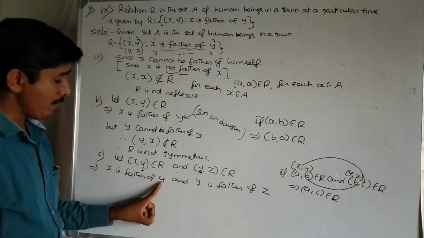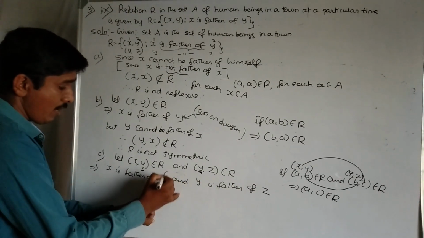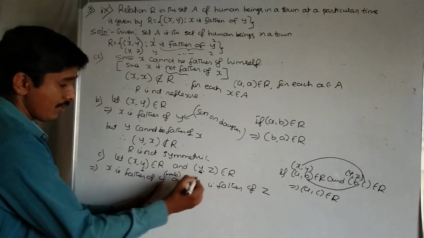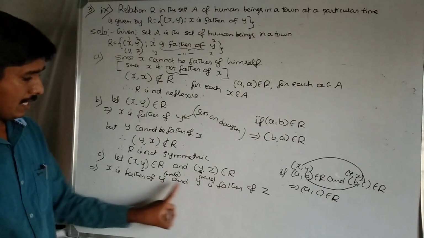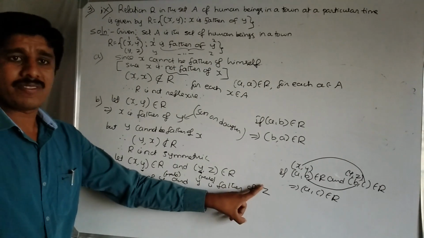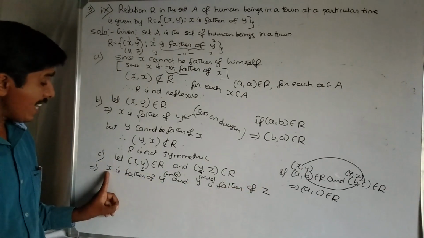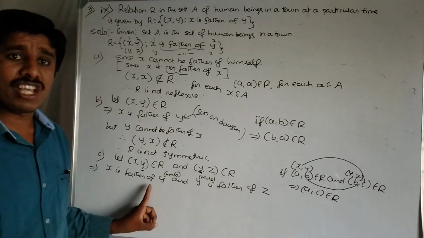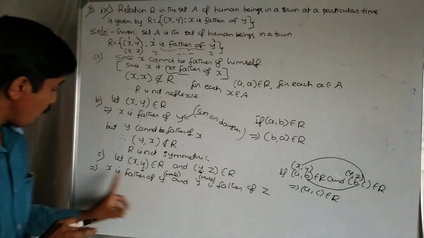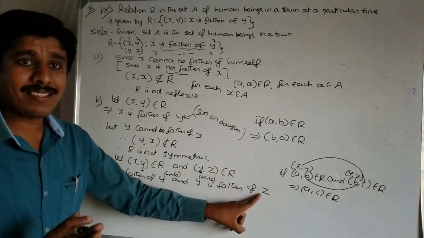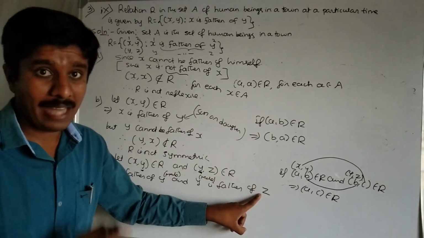X is father of y means clearly y is a male. Correct, it is possible. Male is father of z. Then what is the relation between x and z? X is father of y, y is father of z, so clearly x is grandfather of z. Not father, grandfather.